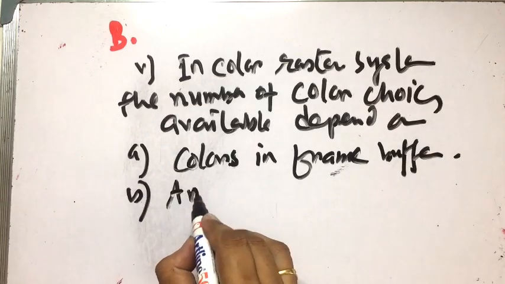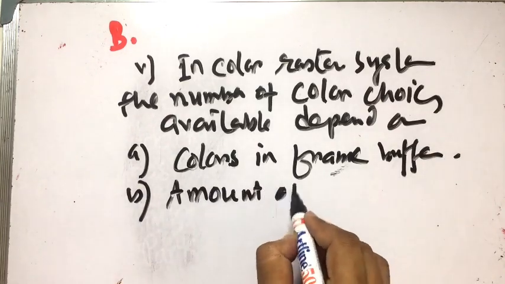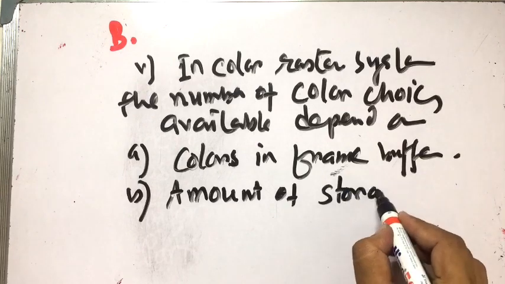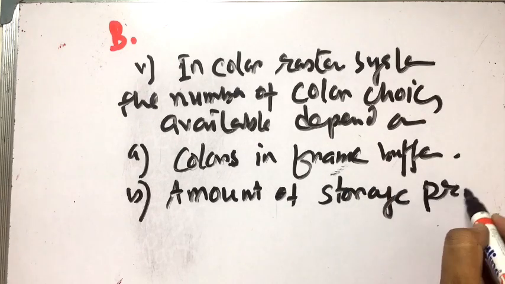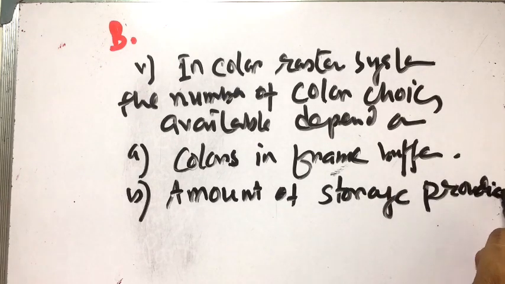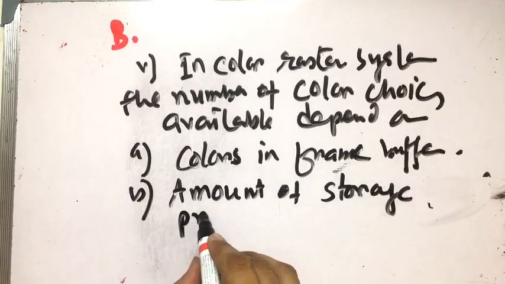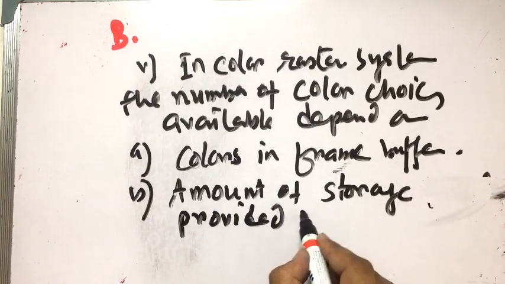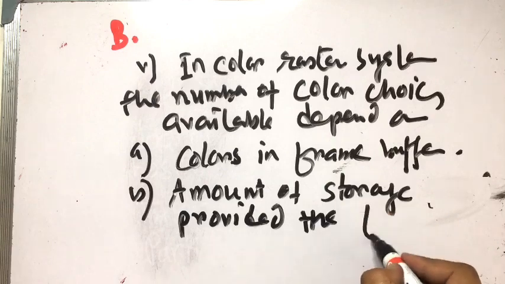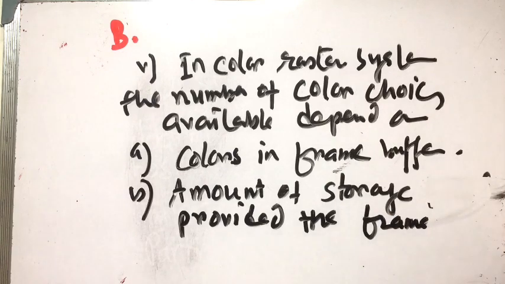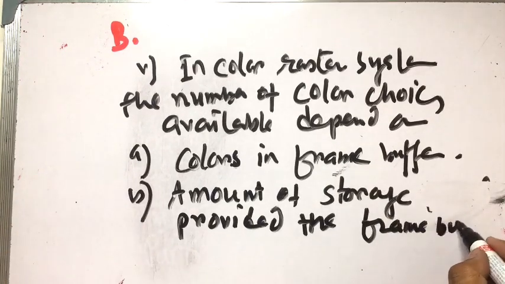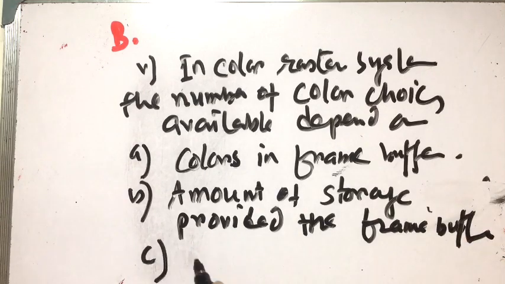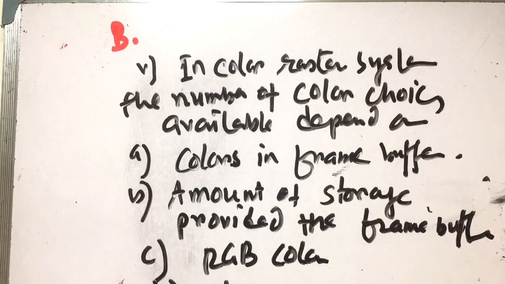Option B, amount of storage provided in the frame buffer. Option C, RGB color. Option D, neither A nor B.